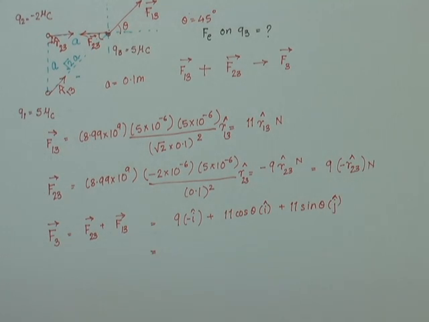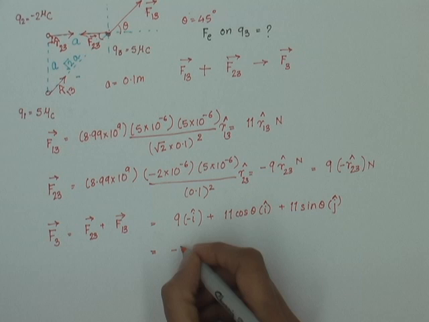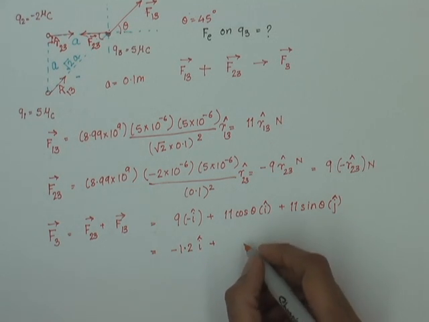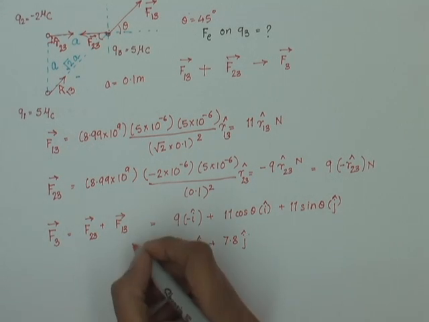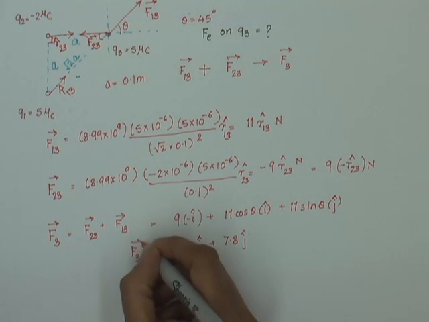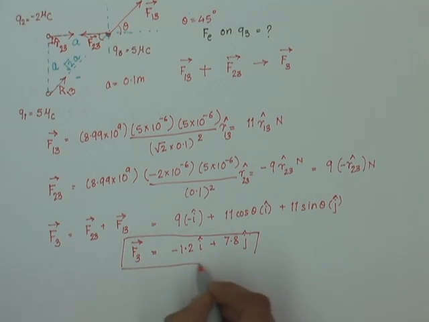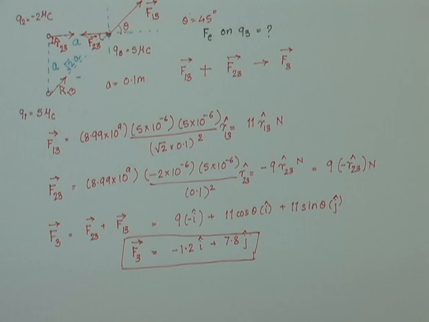If I solve that, my answer comes down to minus 1.2 i cap plus 7.8 j cap. And this is the resultant force that Q3 experiences due to charges Q1 and Q2.